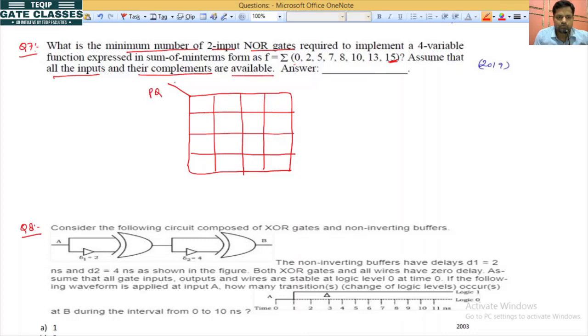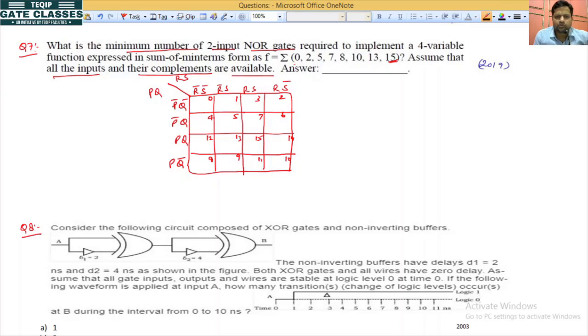Suppose we have PQ and RS. It will be R bar S bar, R bar S, RS, R S bar. Similarly, here we have P bar Q bar, P bar Q, PQ, PQ bar. Now, sum of minterms is given, so the cells are numbered 0, 1, 2, 3 up to 15.